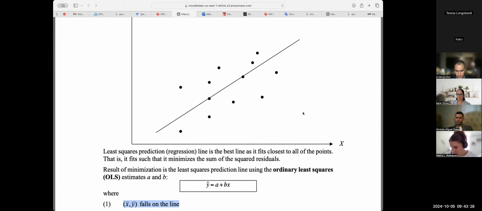Remember, X bar is the balancing point. It's a position that balances the values below it and the values above it. It's the balancing point, center of gravity. And the same for Y. It's the center of gravity in the Y or vertical direction. So that has to fall on the line.